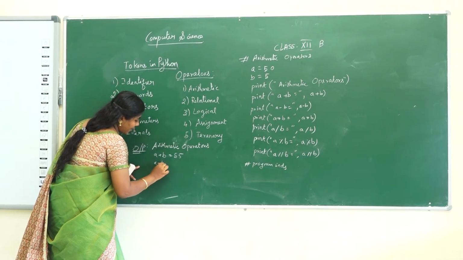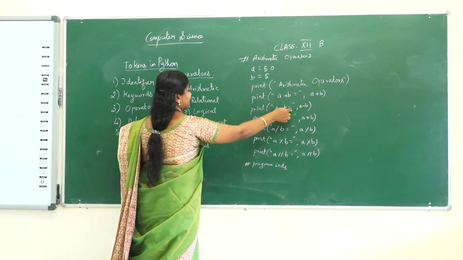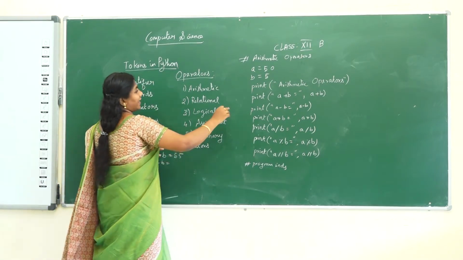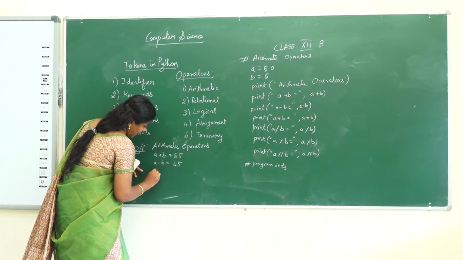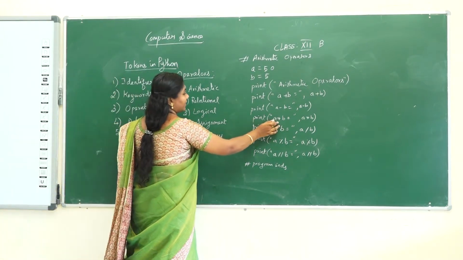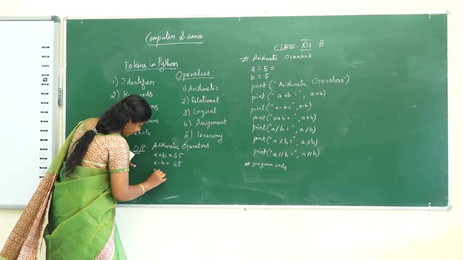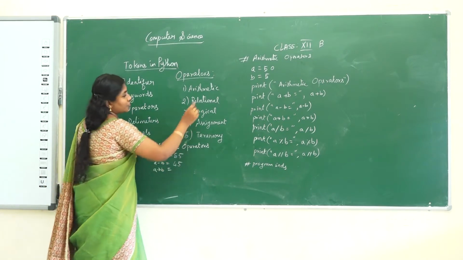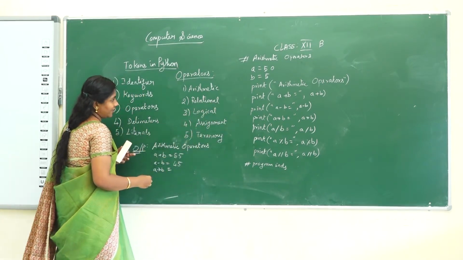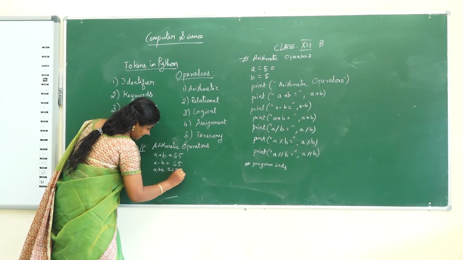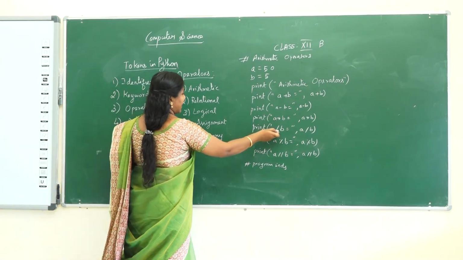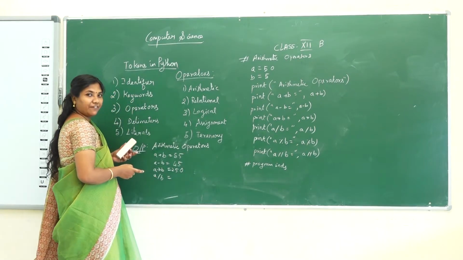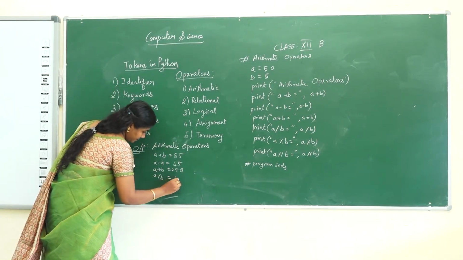Next line, A minus B is equal to, 50 minus 5 will be 45. Next line I am using A star B. 50 into 5, so what will be the value? 250. Next line, A slash B, 50 divided by 5 is equal to 10.